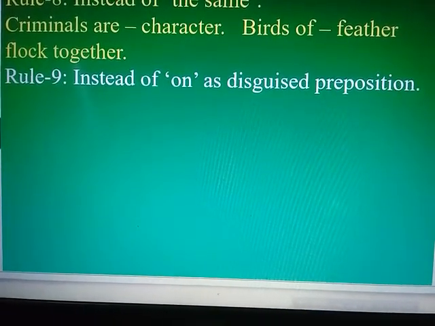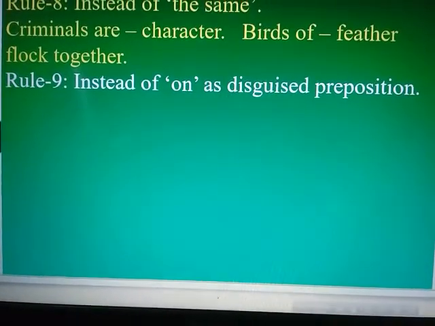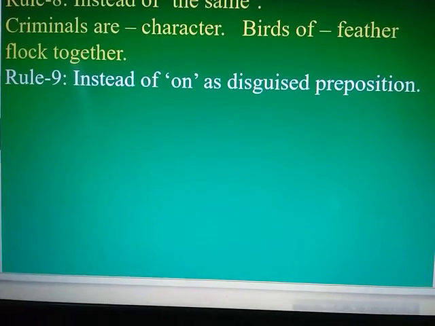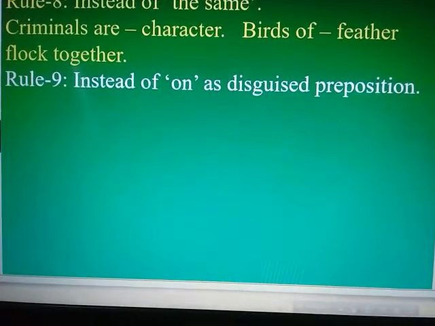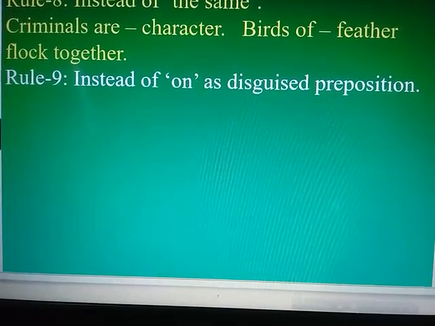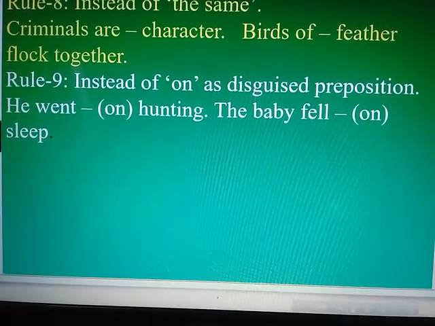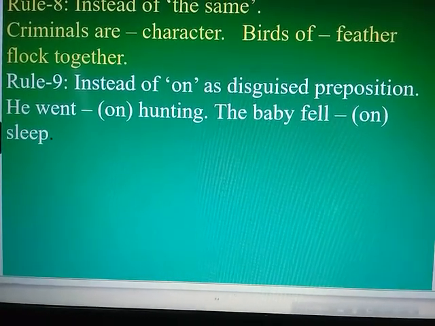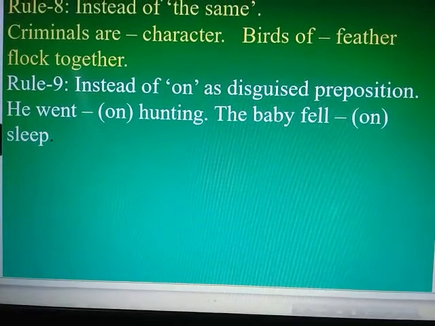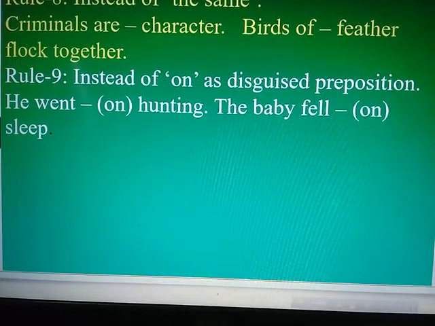Next rule, rule number 9. Instead of on as a disguised preposition, we use a or an. Example: we went on hunting, but we cannot use on.